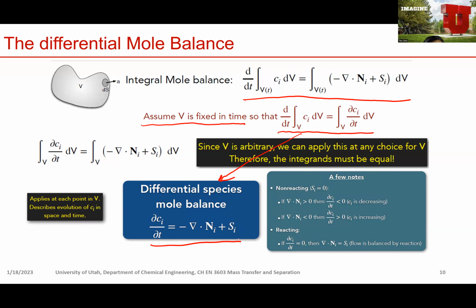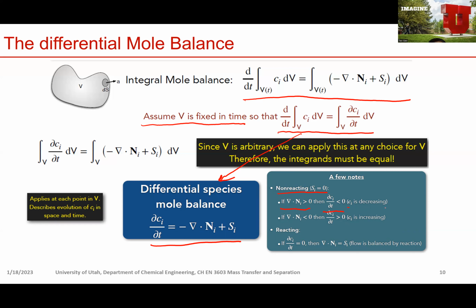Okay. Then a few notes here. If there's no reaction, S_i is going to be 0. If this divergence term is positive, then dC_i over dt is going to be negative. That means C_i is decreasing.